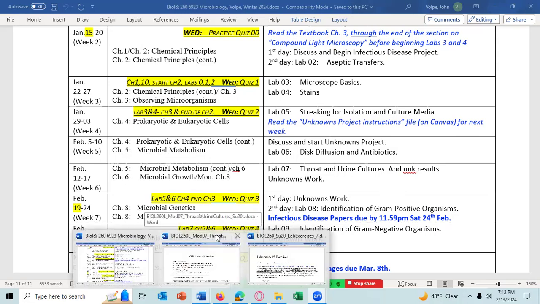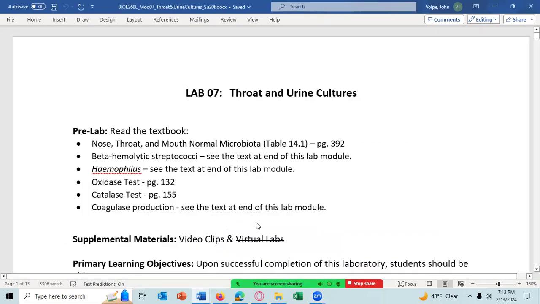Let's move on to the throat and urine cultures. That looks like I might have the wrong one. Nope, that's the right one. So there is some reading on the throat and urine cultures, lab 7. Please read that. There's actually very little to read. 1 page on the throat cultures, and then 1 page on the oxidase test, 1 page on the catalase test.